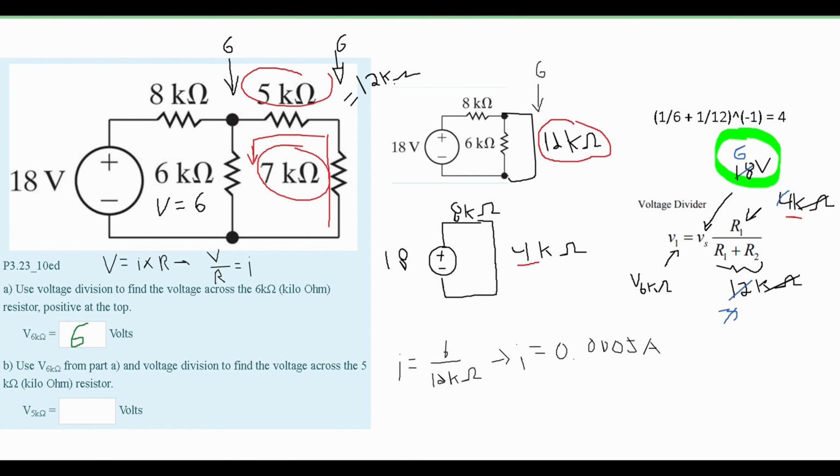Now we have our current, which again is constant throughout our series resistors, and so we can plug this into our voltage formula and say that our voltage of our 5 kilo ohm resistor is our current, which again is 0.0005, times the resistance of this resistor, which is 5 kilo ohms. If we plug this into a calculator, we're going to get that our voltage is equal to 2.5 volts. And this is the answer for part B. That is how you do this problem.